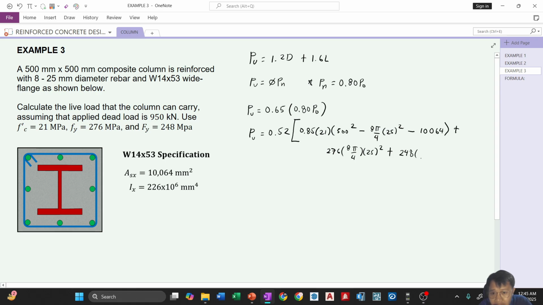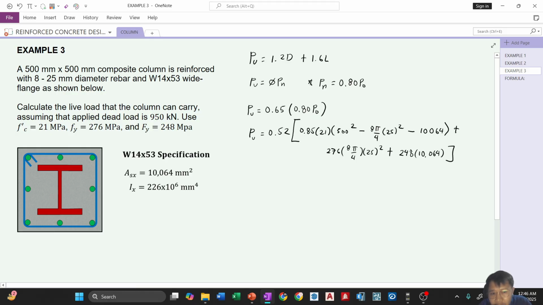Multiply that by the area, 10,064 mm square. Okay? Again, this is the area for our concrete. This is the strength of our rebar, and then this is the strength of our structural steel element.